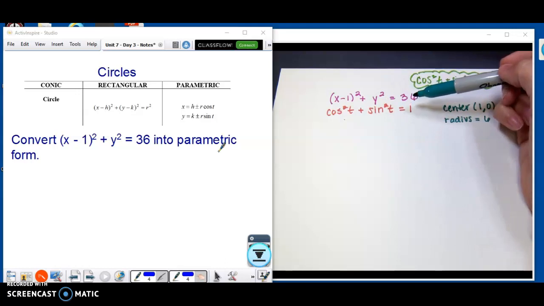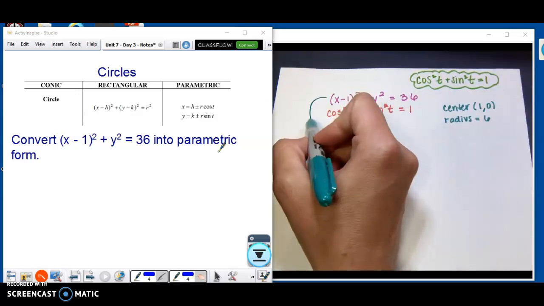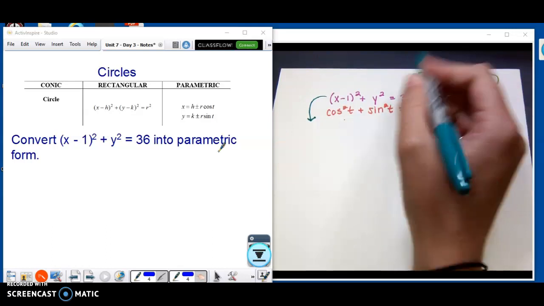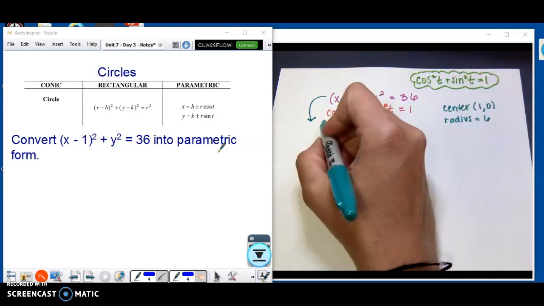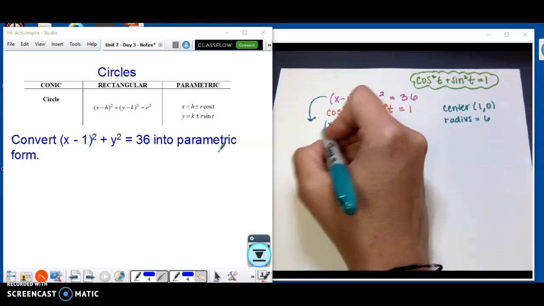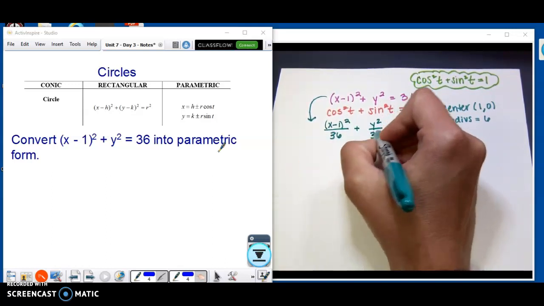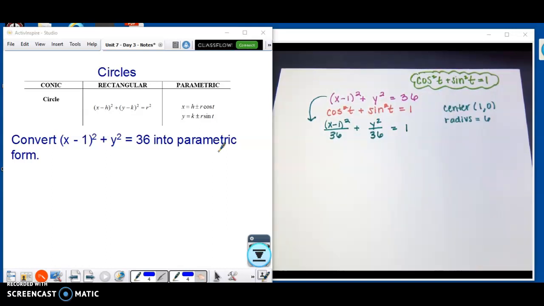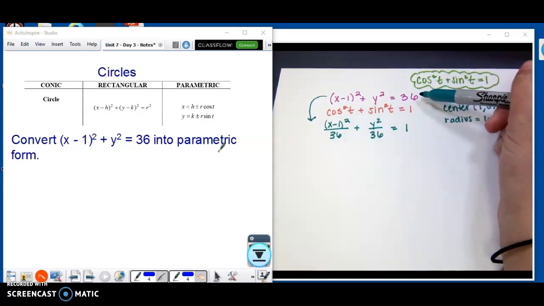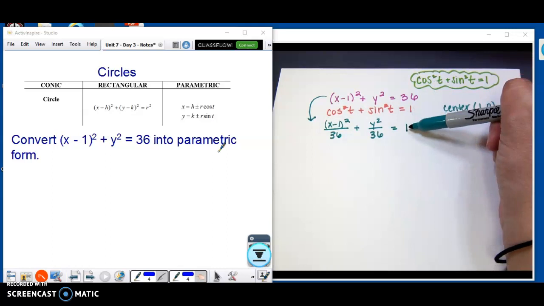So what I want to do first is rewrite my circle equation so that there is a 1 here. So I'm going to divide every term by 36. So this is really x minus 1 squared over 36 plus y squared over 36, and now it is equal to 1. Because a circle equation is not equal to 1, you need to set it equal to 1.